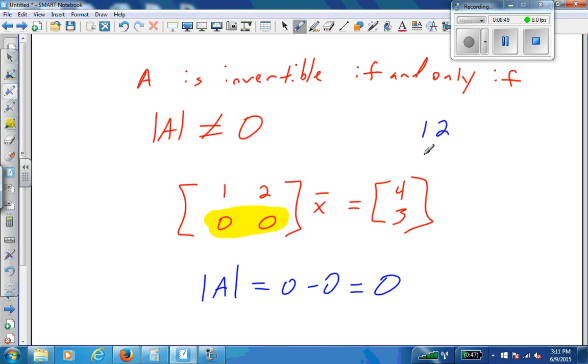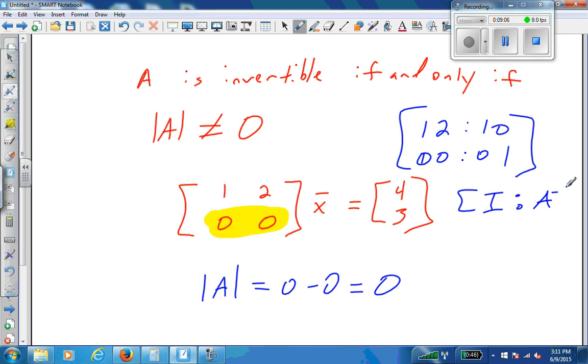If we were to take that and put it in an augmented matrix with the identity matrix, it's not possible to row reduce this so that we get I on the left and then something else on the right. If this has all zeros here, we can't get an I on there because we have a 0 row.